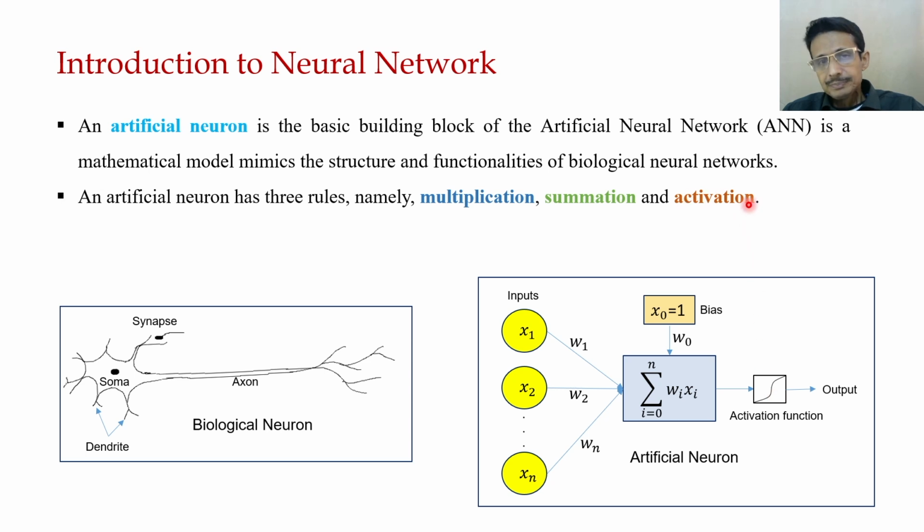So the artificial neuron has three rules: multiplication, summation and activation, and then we get the output. This is a very simple understanding of an artificial neuron: we have inputs, multiply them by the weights to get weighted inputs, sum them up and put the result through the activation to get the output.